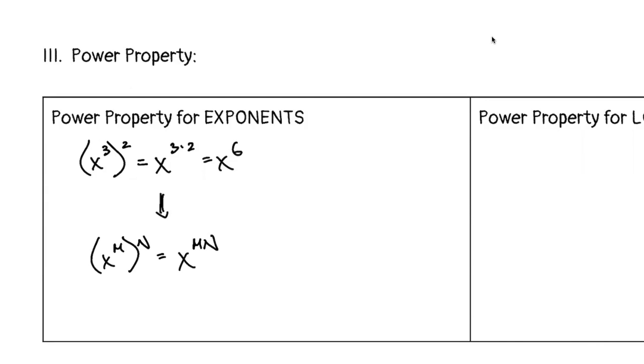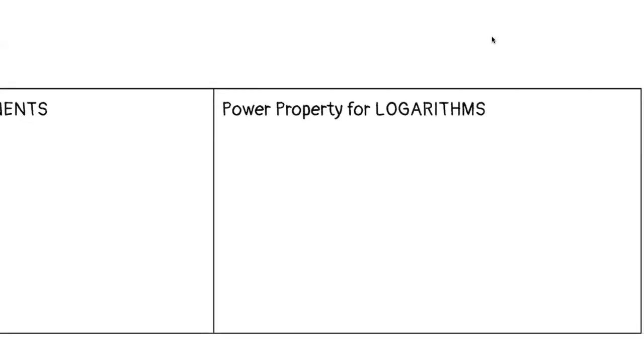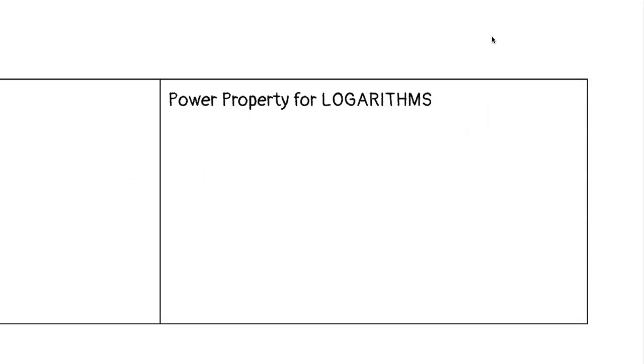Parallel statement for logarithms. We actually saw this the other day, and I said, for right now, I just want you to believe me, but here's the actual property. Log, let's do this, of 2 to the 3rd. Okay. What's another way of writing 2 to the 3rd as a product of numbers? Good.